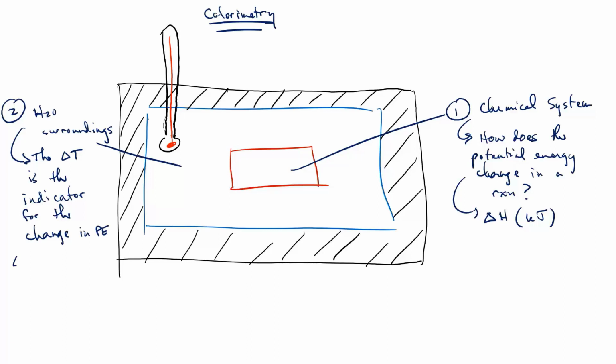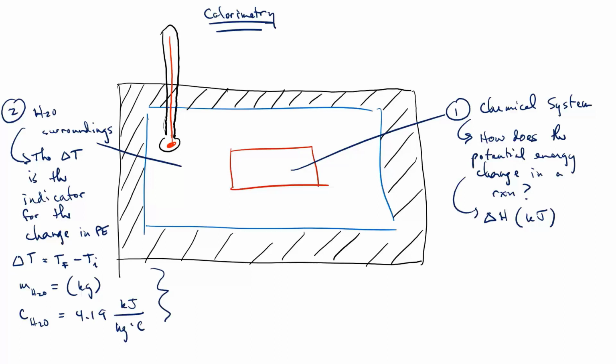All right, we have ourselves a delta T, which is equal to the final temperature minus the initial temperature. We also have a mass of H2O, which I recommended to be in kilograms. And also we have our specific heat capacity of water, which is 4.19 kilojoules per kilogram degrees Celsius.